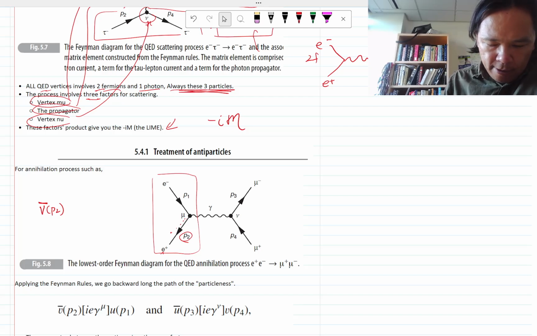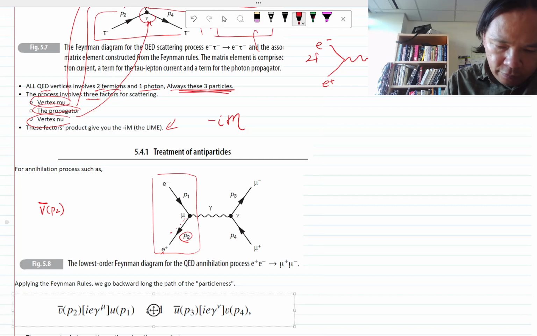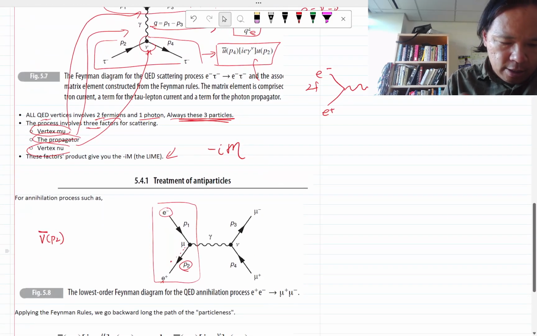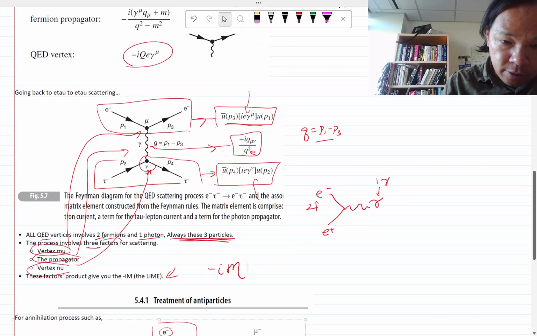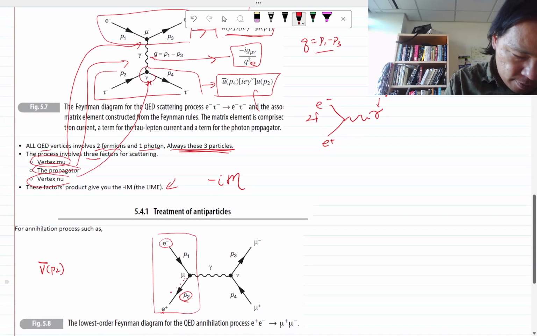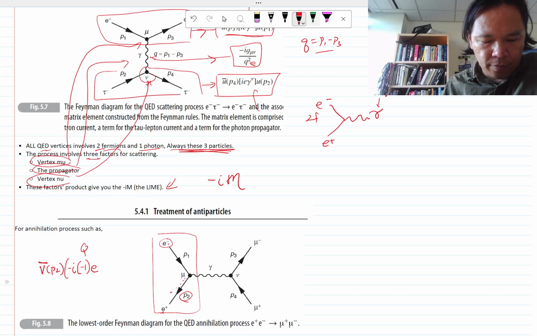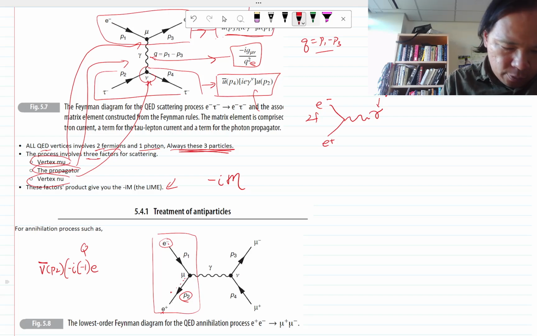Since we're following the convention where the particle has a negative charge, this will be negative i, and big Q in this case is going to be -1, because we're following the particleness of this particular charge, times the elementary charge magnitude e, and then gamma mu.